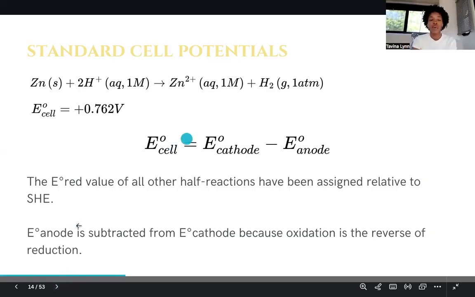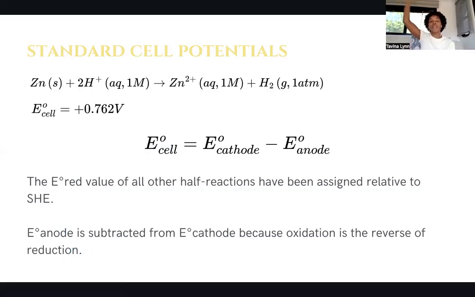And so the standard potential at the anode is subtracted from that of the cathode because oxidation is the reverse of reduction. So if you write the oxidation step and the reduction step, and then you add them to get the overall redox reaction, you would simply add the standard cell potential values.